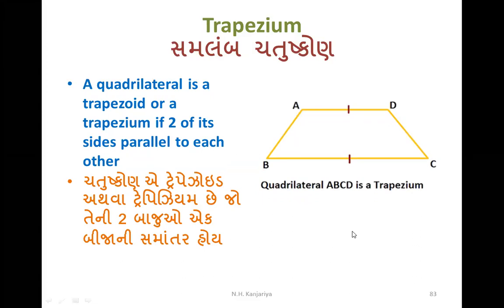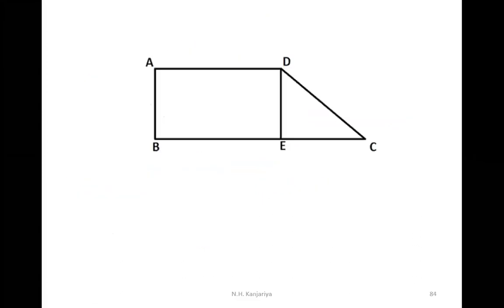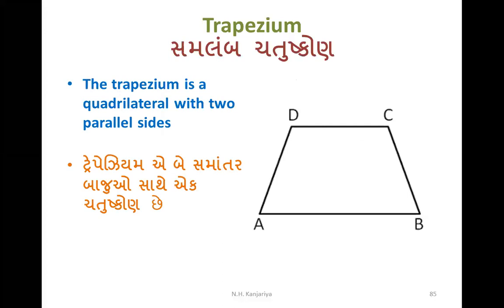Now moving on to the next definition. These are trapeziums. Look here, AD is parallel to BC. Any two sides will be parallel. So this is a trapezium. A trapezium has two parallel sides.